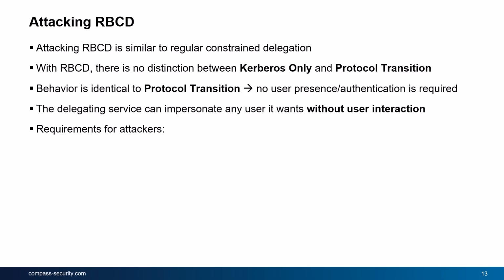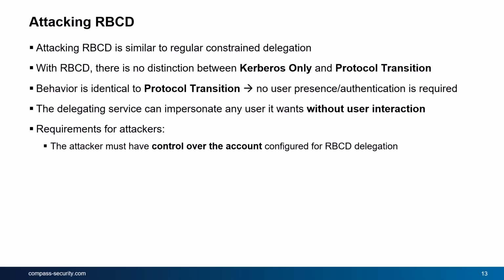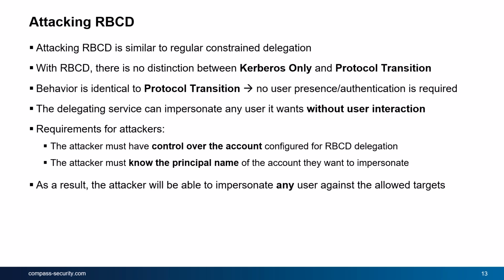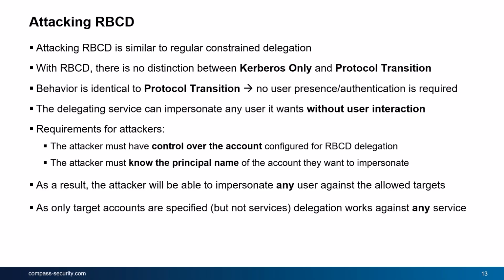So for the attacker, again, that means we need, of course, control over the account that is enabled for resource-based constraint delegation, so the front-end account that will perform the delegation. And then we must know the principal name of the account that we want to impersonate. And with that, we can then abuse the resource-based constraint delegation rights that are granted to impersonate any user against the allowed targets.